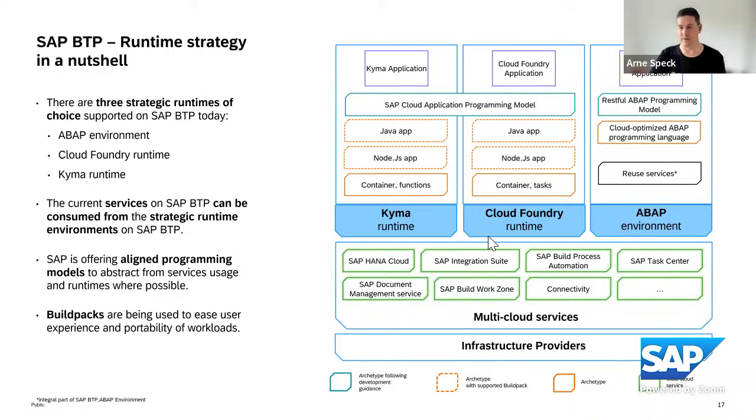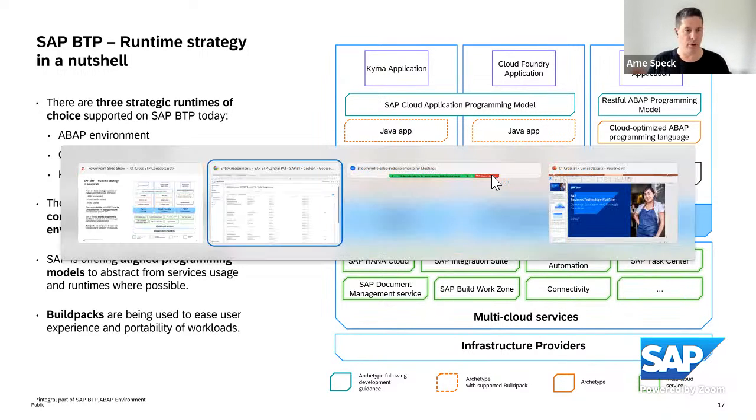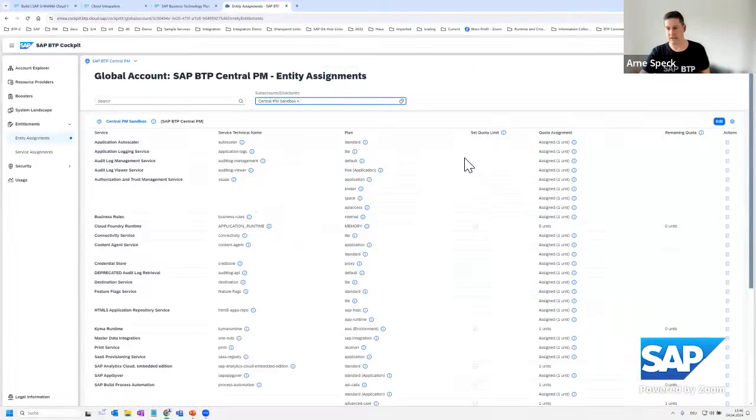And of course, as we're SAP, we have the ABAP environment, enabling you to create decoupled ABAP cloud-based applications and extensions for our business application scenario. So let's go into the Cloud Cockpit again and see how this looks in detail.